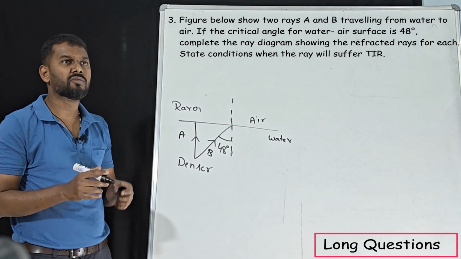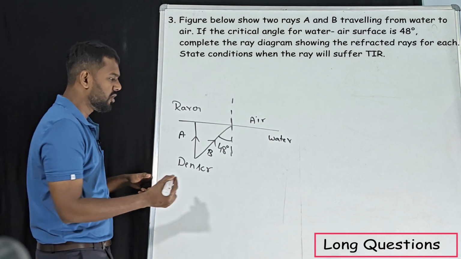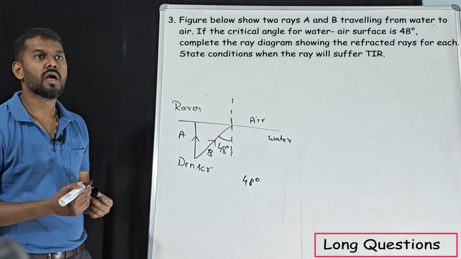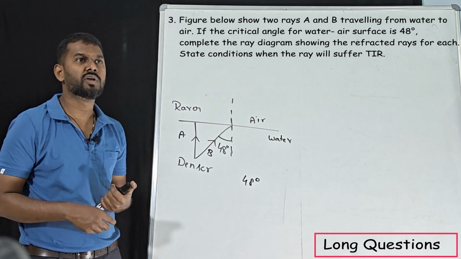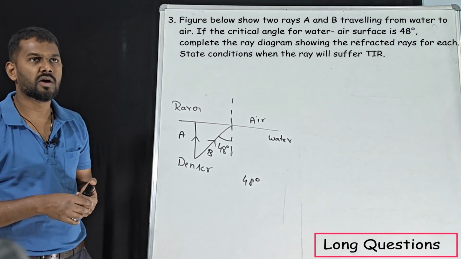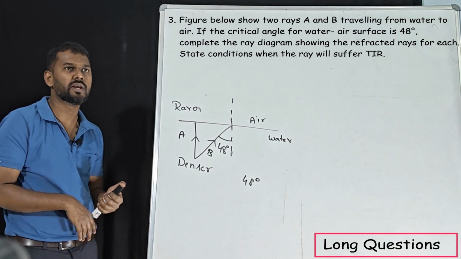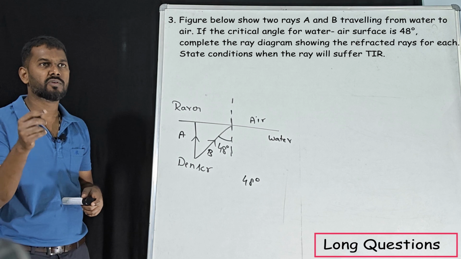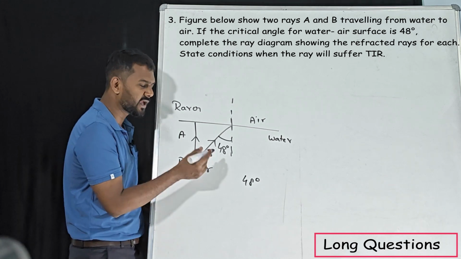If the critical angle for the water air surface is 48 degrees, complete the ray diagram showing the refracted ray for each. State two conditions, that is the second sub question. We'll go for it later. Now here, if the critical angle of the water air surface is 48 degrees, assume this is the critical angle.